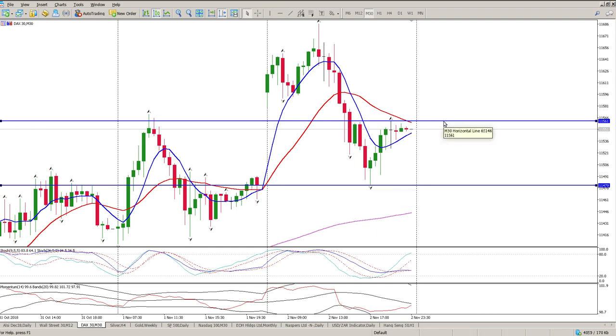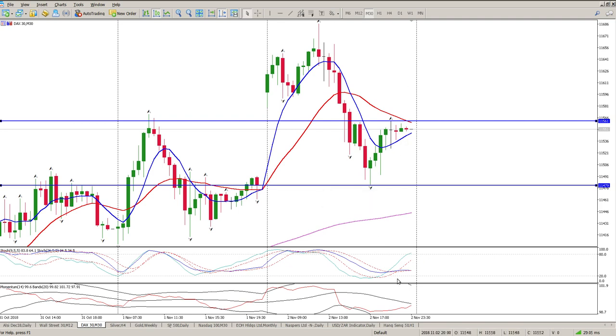We're looking for a break above 11,560, and we're looking at 11,479. Those are the two levels that we want to watch.